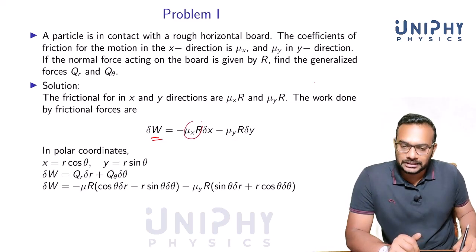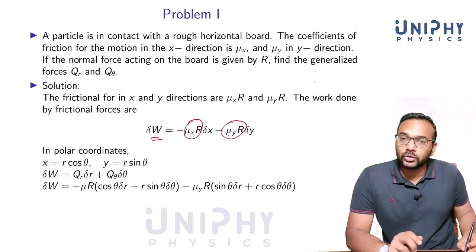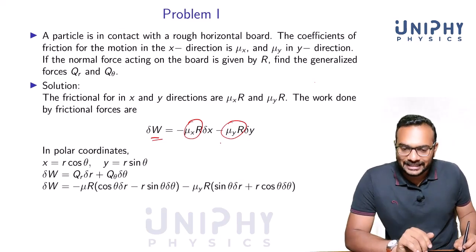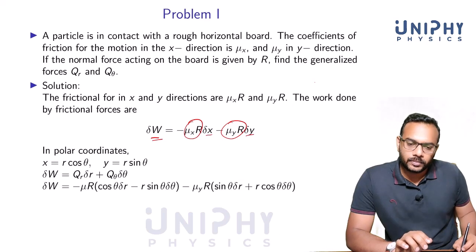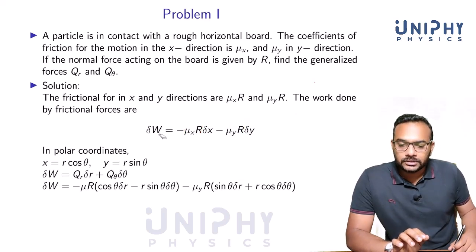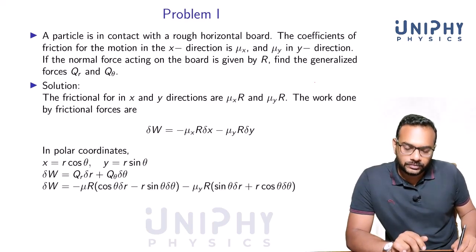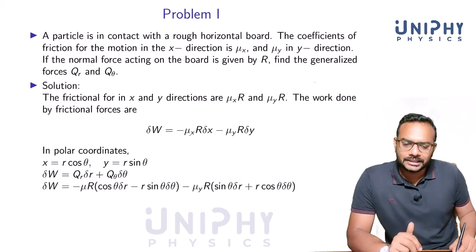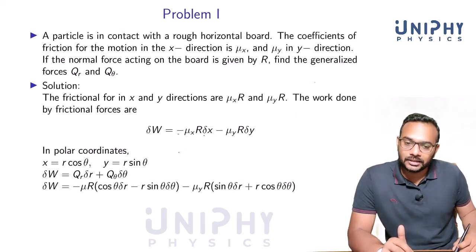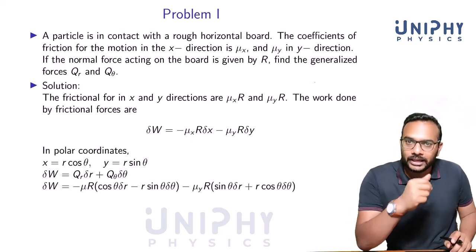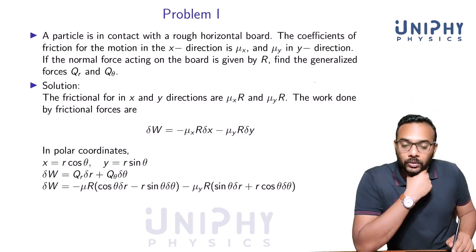Here mu x r and mu y r are the components of frictional force along the x and y directions. Since the force acts opposite to the displacement, we write the minus sign. Delta x is a small displacement along the x direction, and delta y is a displacement along the y direction.